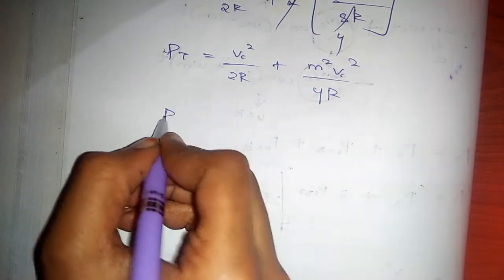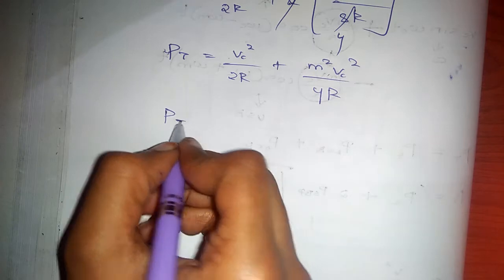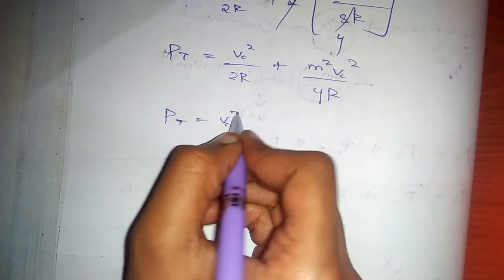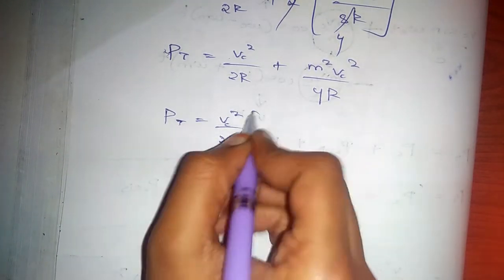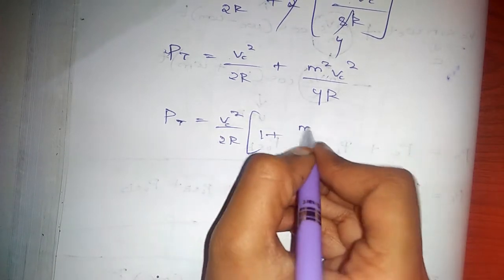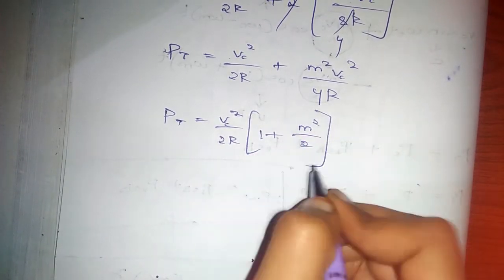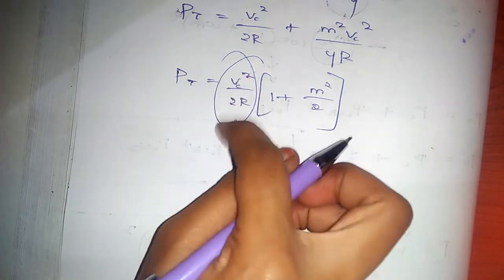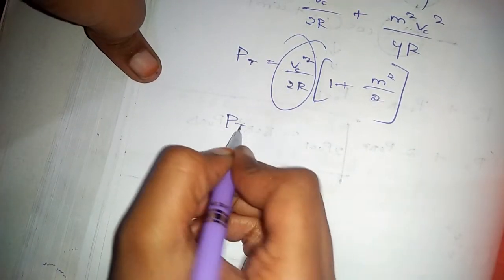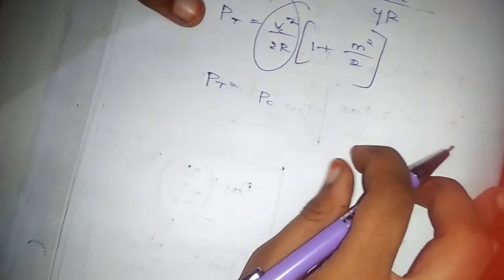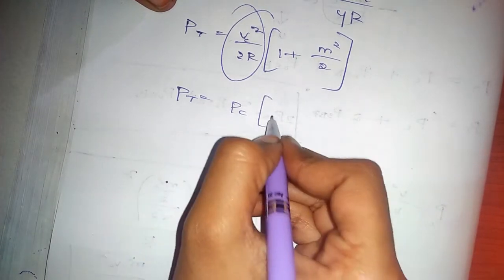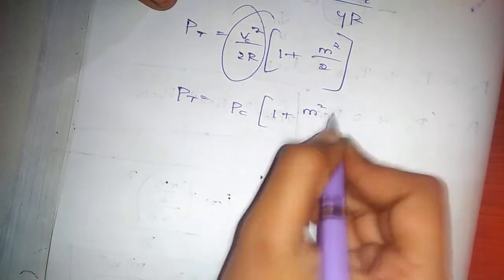Taking Vc square by 2R common, I get Vc square by 2R of (1 + m square by 2), where Vc square by 2R is nothing but our Pc. Then the total power is Pc of (1 + m square by 2).